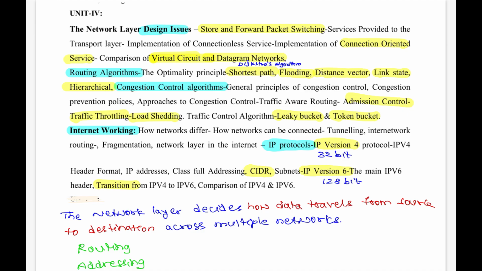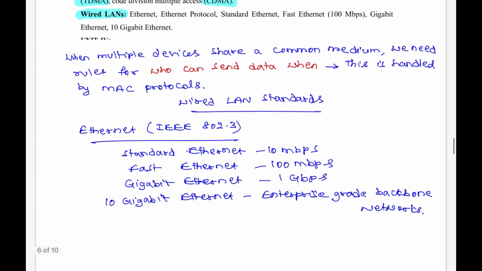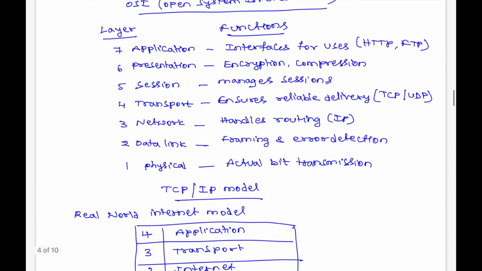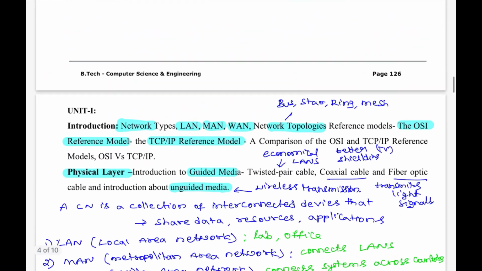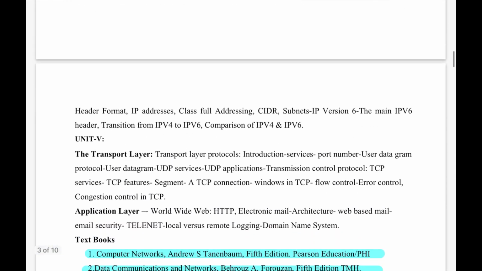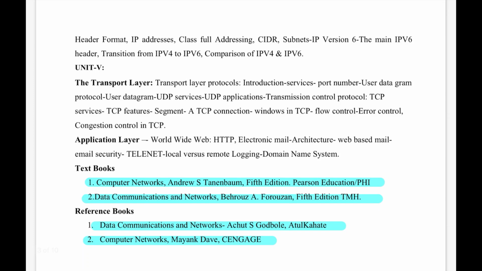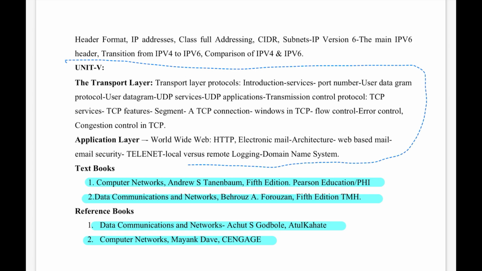And we will try to move on to the last, 5th unit. Try to observe the syllabus. Unit 5, that is the transport layer.